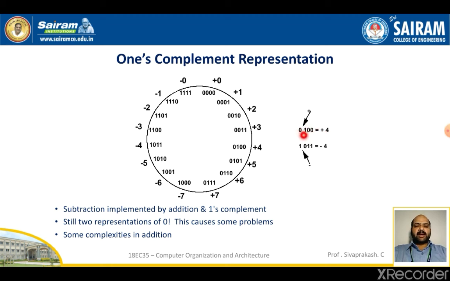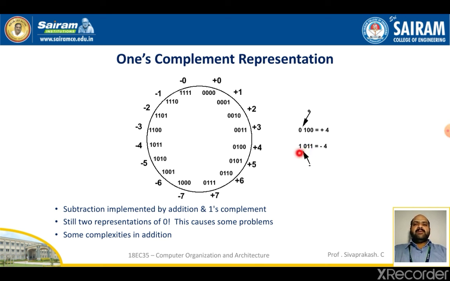As we have already seen, the most significant bit represents the sign of the particular data. The most significant bit here is 0, so it is a positive number. Now I'm going to take the negative number, minus 4. Minus 4 is taken as 1011.